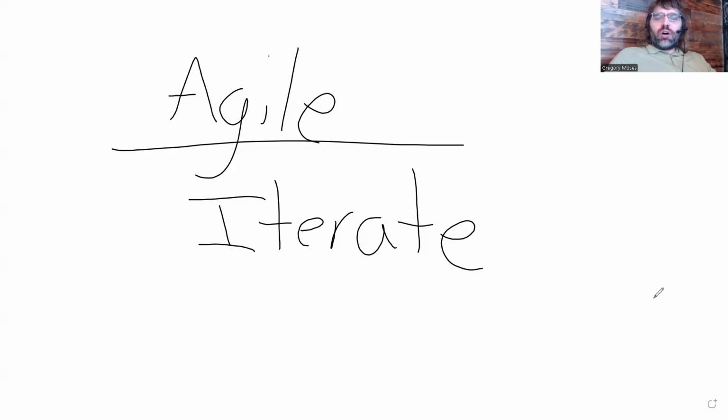With the waterfall model, you start, you go through the process, you're done. Agile is based on the idea that it's better to get something out early, even if that something is flawed.